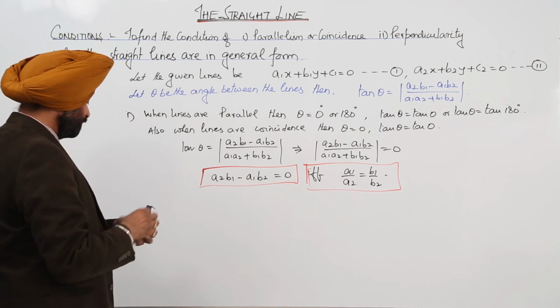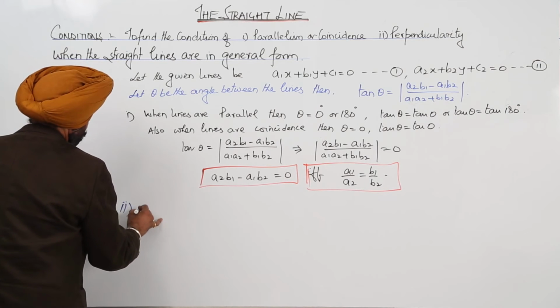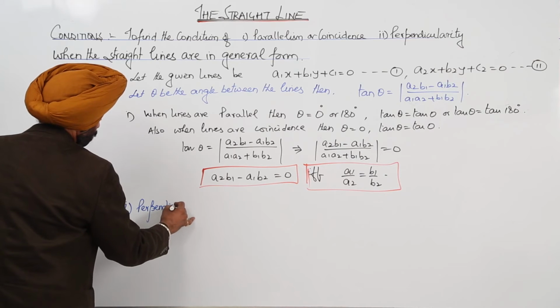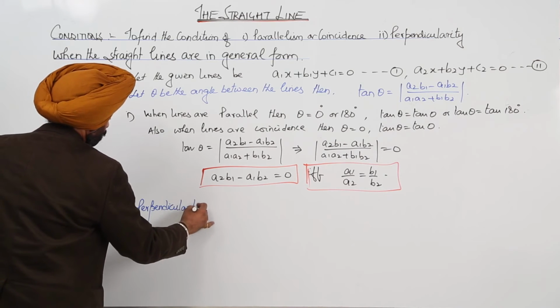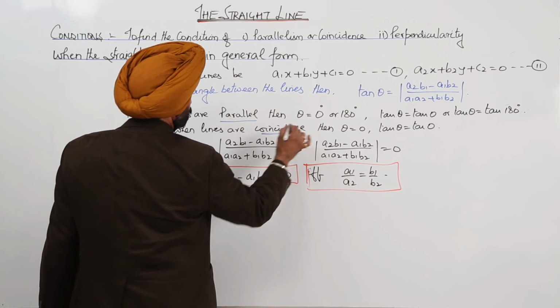Now number 2, perpendicularity. So first was for parallel and coincident lines.